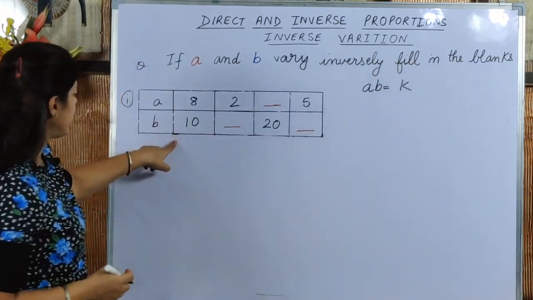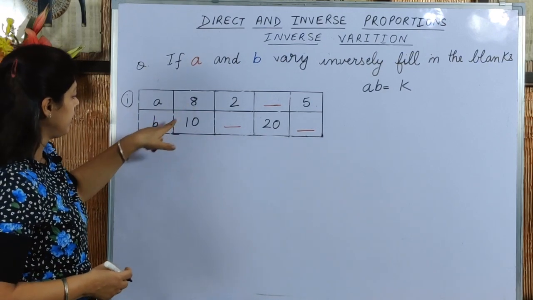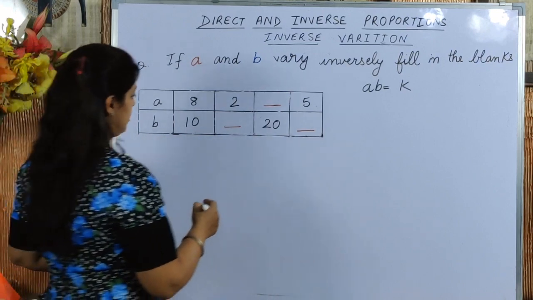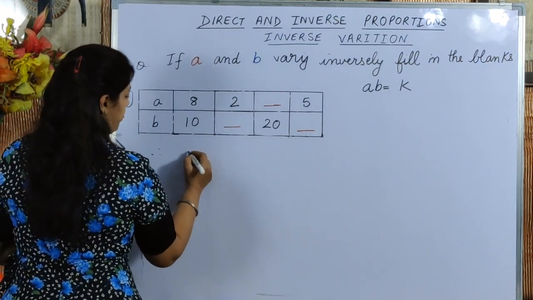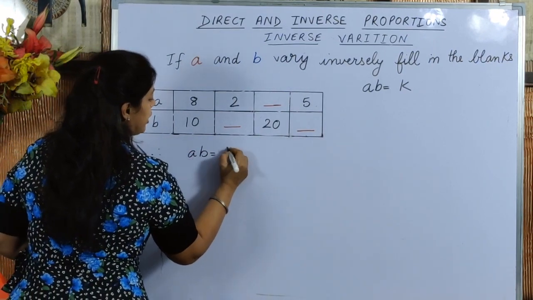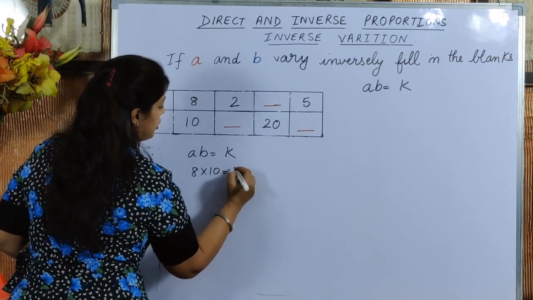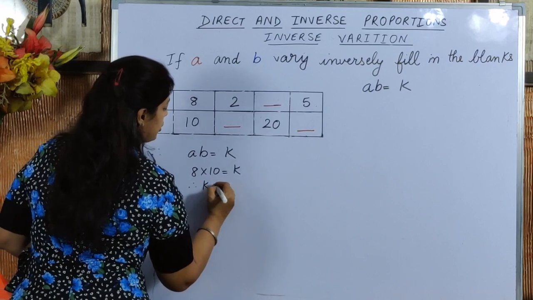In the first column, we can see that the value of A is 8 and B is 10. So AB is equal to K, 8 into 10 is equal to K. Therefore, K is equal to 80.